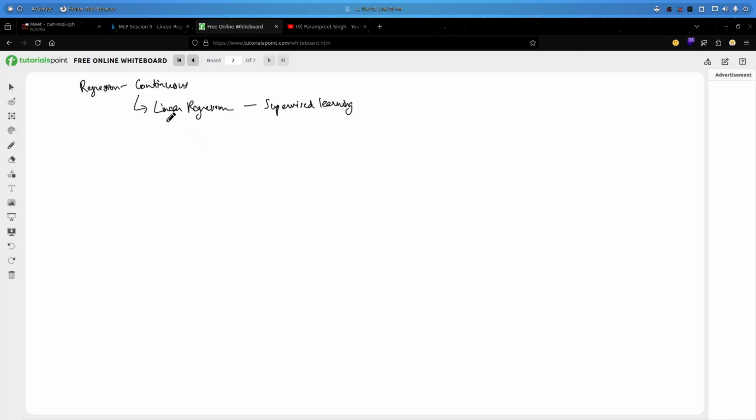Also the regularizations, which are like a plus version of linear regression: ridge regression and lasso regression. These are the regularization techniques for linear regression, so the base is this.